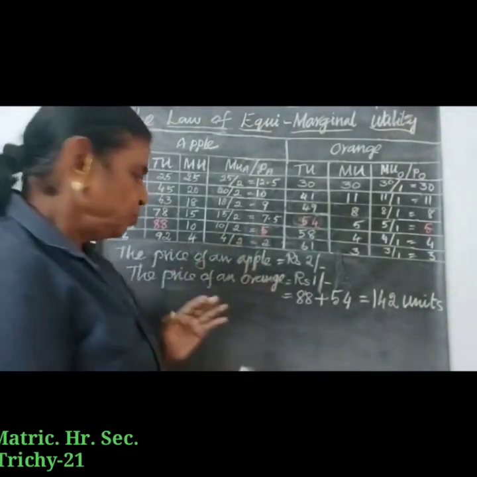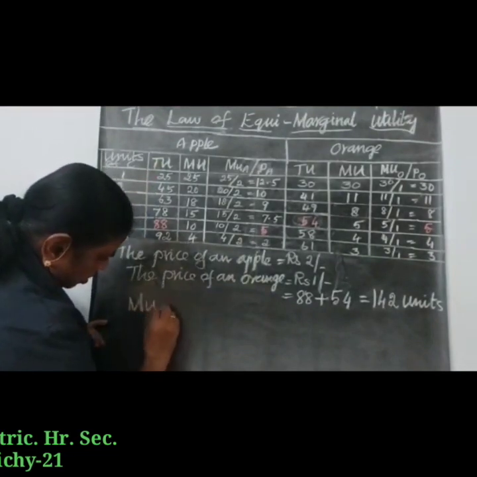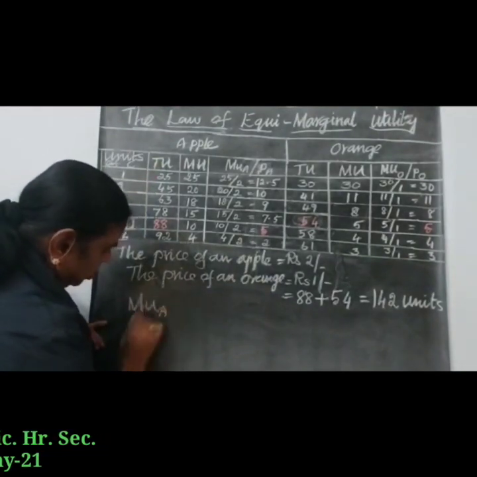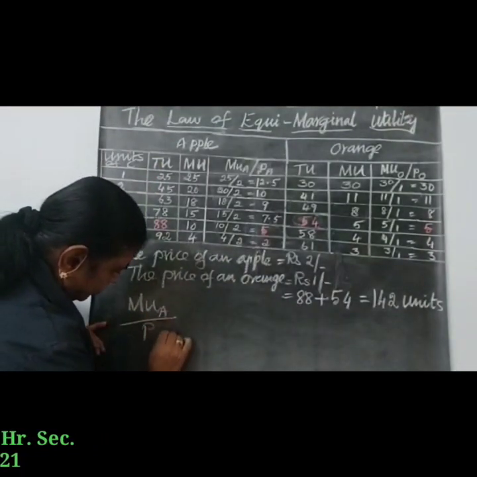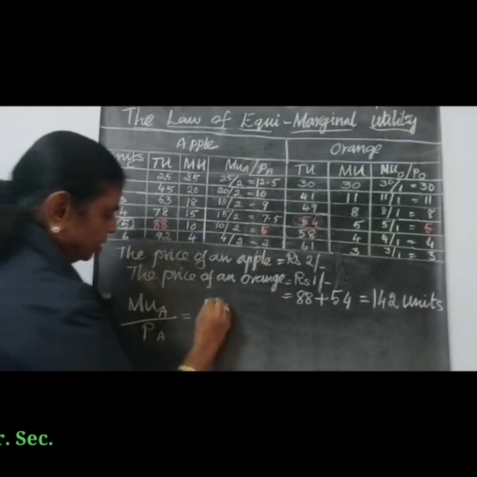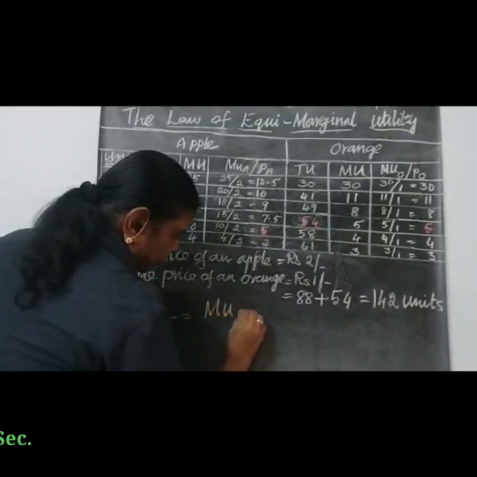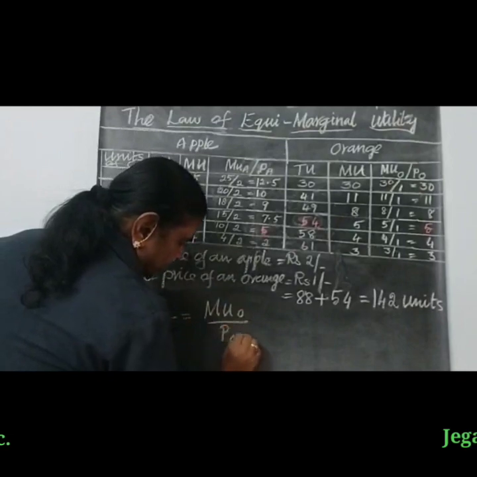Here, marginal utility of apple divided by price of an apple equals marginal utility of orange divided by price of an orange.